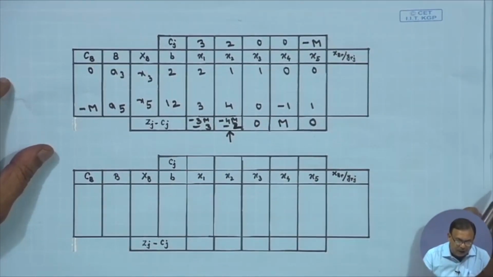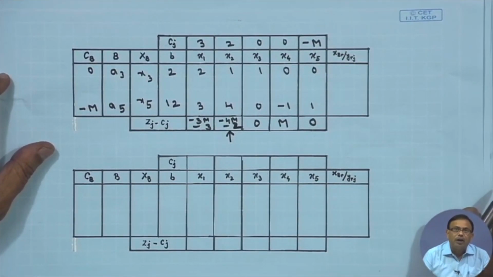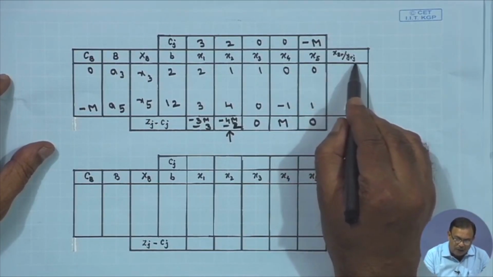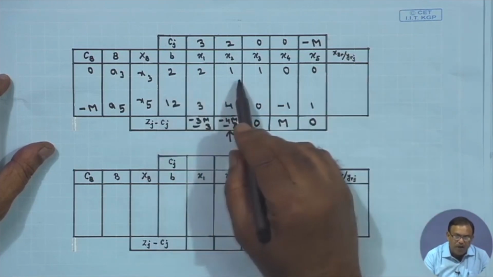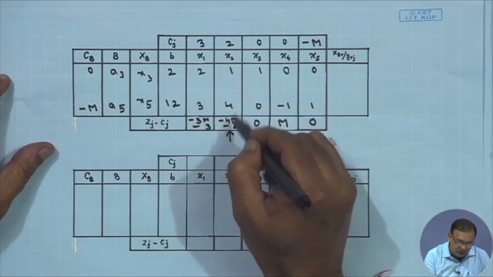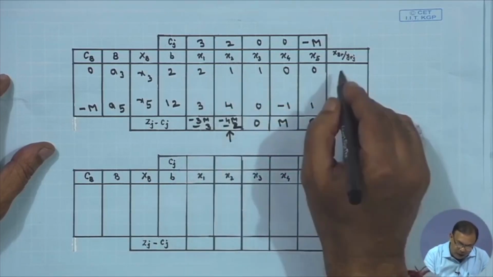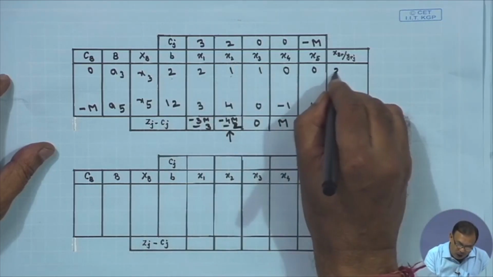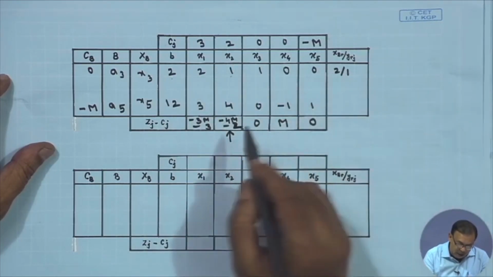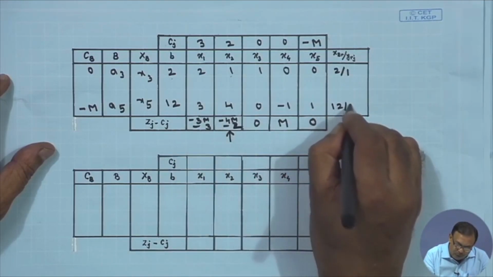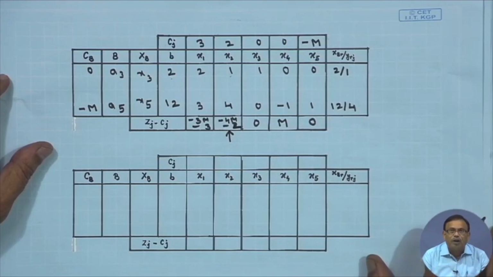Once you have the entering variable, you have to find the ratio x b r by y r j, that is b by x. Your b is this column, and x is the column corresponding to x 2. So, b by x will be 2 divided by 1 for this case, whereas for this case it will be 12 by 4. Now, which will be the departing variable?